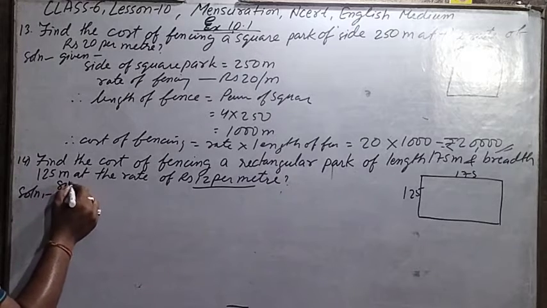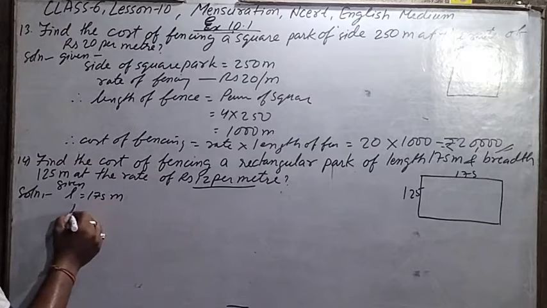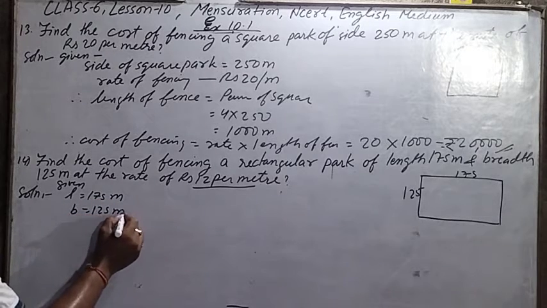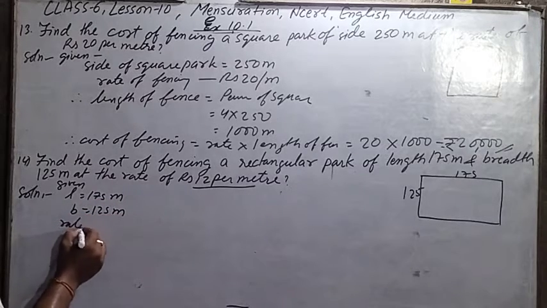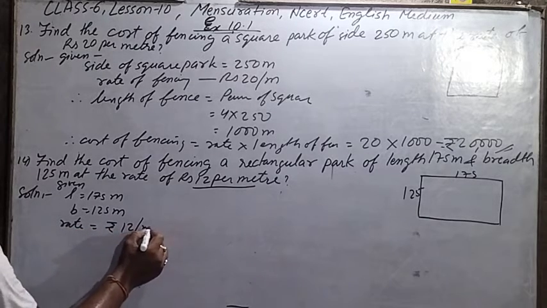Given: length is equal to 175 meter, breadth is equal to 125 meter, rate of fencing is given rupees 12 per meter.